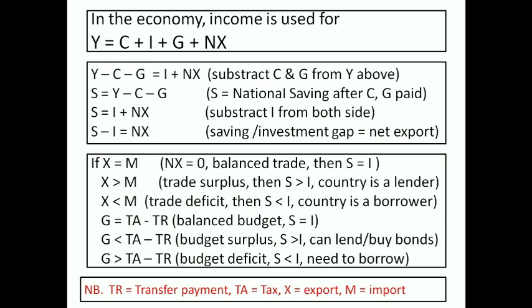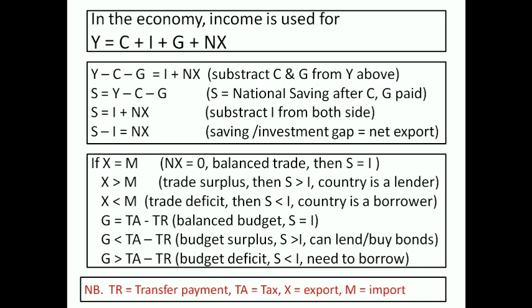Then it is important for us to note that when the net export is zero, it means that the economy has a balanced trade. Then savings is equal to investment. But there is trade surplus when the export is greater than the import.